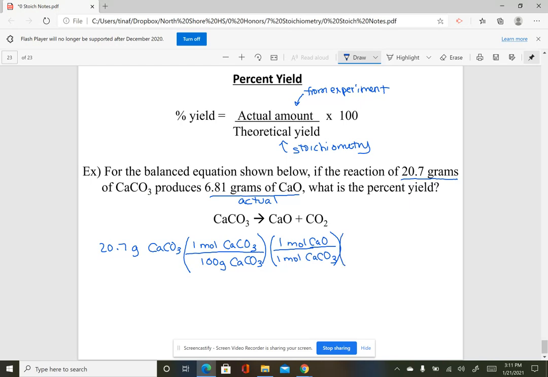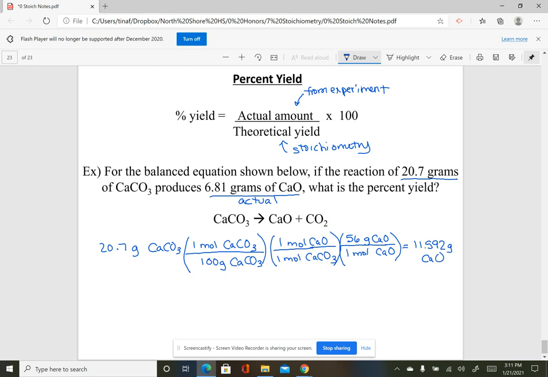And now I want to know how many grams that's going to be. So if I have 1 mole of calcium oxide, that's going to be 40 plus 16 is 56 grams. And if I multiply across and then divide by 100, I get 11.592 grams of calcium oxide.